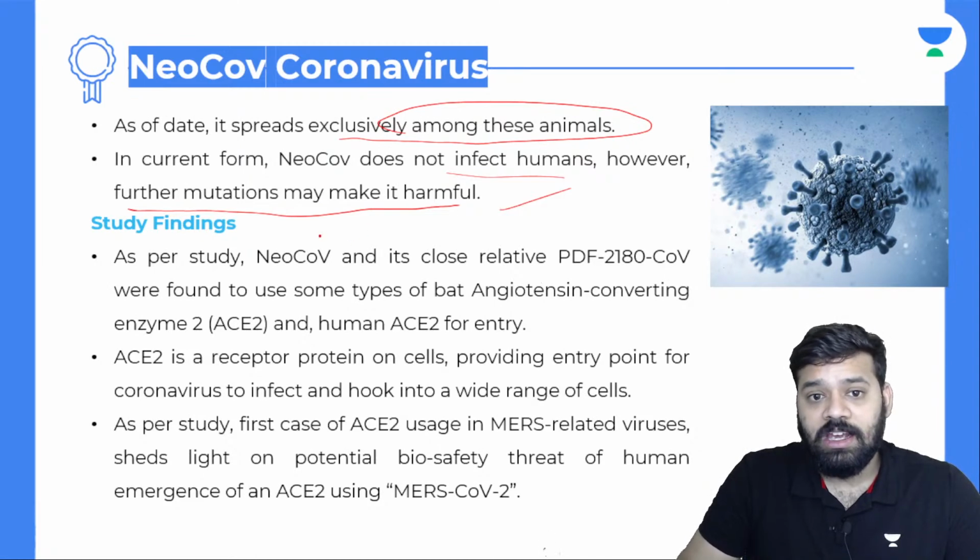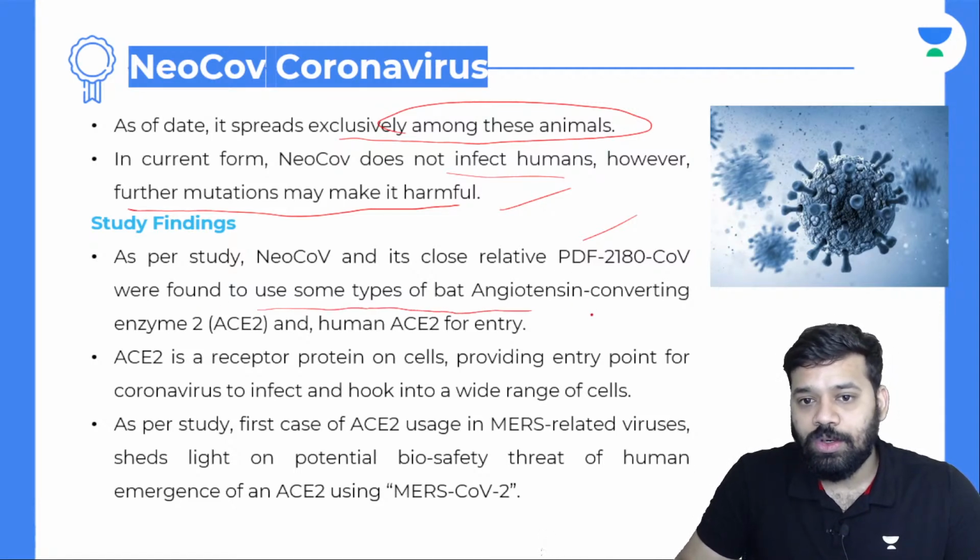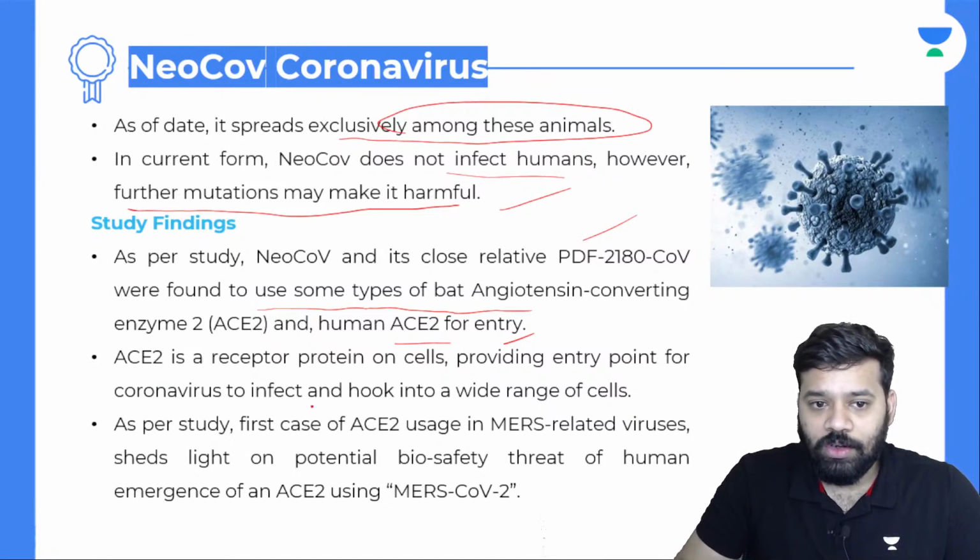As per the study, Neoco and its close relative PDF 2180 CoV were found to use some type of bat angiotensin converting enzyme, that is ACE2, and human ACE2 for entry. ACE2 is a receptor protein on the cell providing an entry point for coronavirus to infect and hook into a wide range of cells.